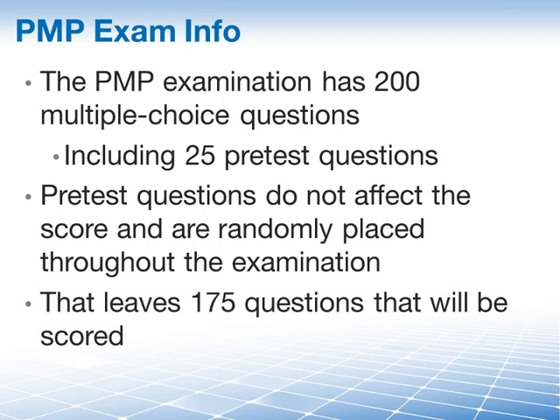Well, 200 minus these 25, this means that 175 questions remain that make up your final score on the exam. But of course, you don't know which 175 questions these are because the 25 pre-test questions are randomly placed throughout. You have to answer all 200, assuming that every single one counts.